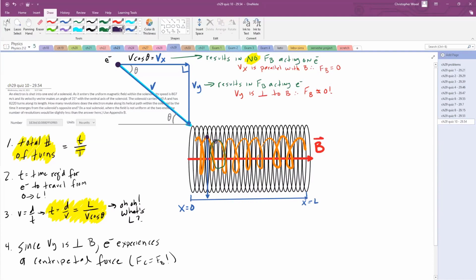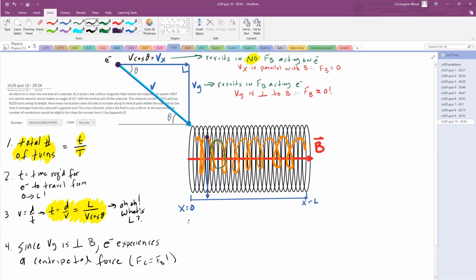I'm going to use my left hand because it's an electron. My fingers go in the direction of the magnetic field, and my thumb points in the direction of the velocity. Everywhere I play this game, there's going to be a magnetic force pointing towards the same center point. So that's how I'm convincing myself, and the person grading this exam, that yes, this is a centripetal force.